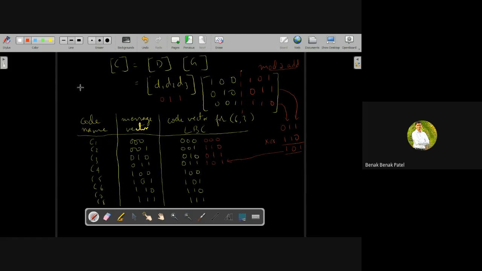And for the next message vector, that is 100, this 1 represents the first row, that is 101. For the next, 101, I've got to consider what two rows?